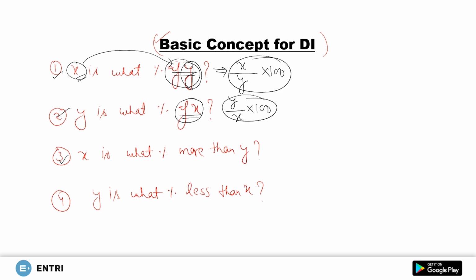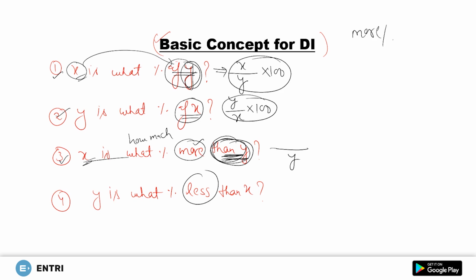Now next, X is what percent more than Y, or it can be written as X is how much percent more than Y. Similarly here you are comparing with Y, so Y will go to the denominator. What will come in the numerator? Whenever in any question you see these two terms, more or less, you always calculate the difference.